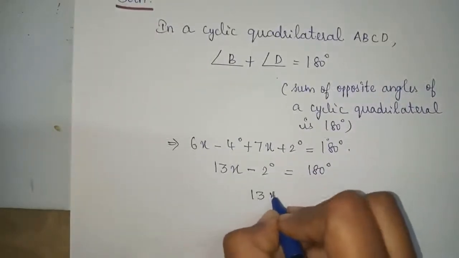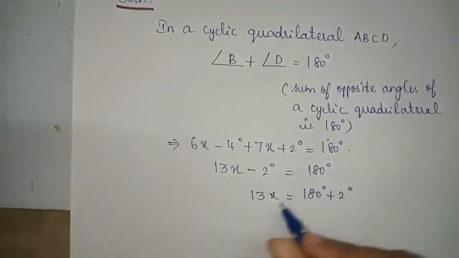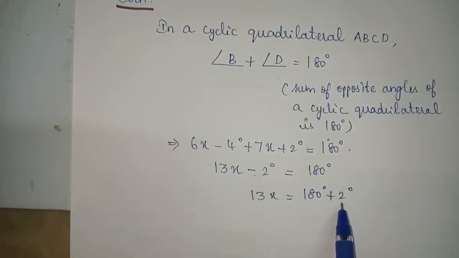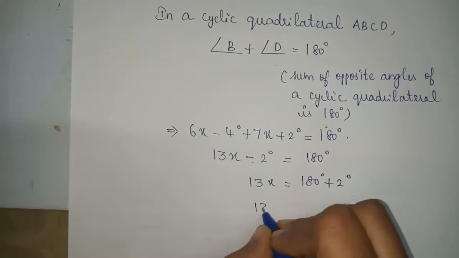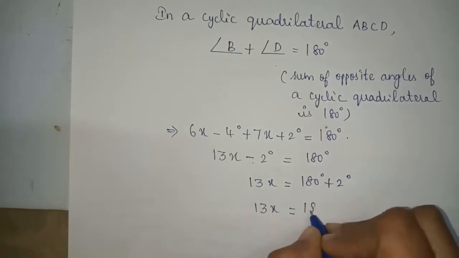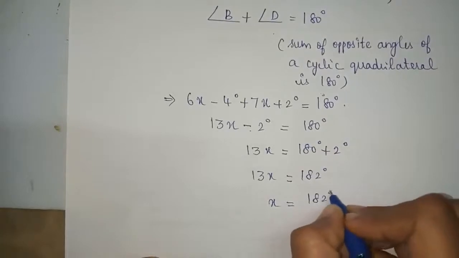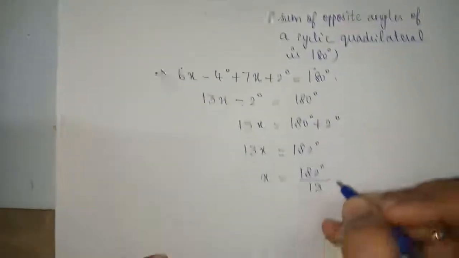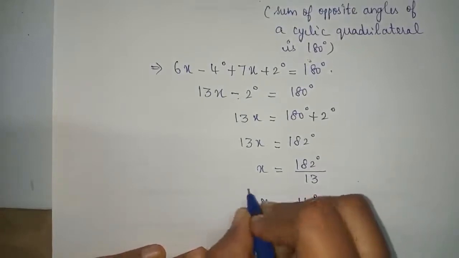So 13x is equal to 180 degrees plus 2, because here you have minus, which when taken to the right hand side becomes plus. So 13x is equal to 182 degrees, x is equal to 182 by 13. The value of x is 14 degrees.